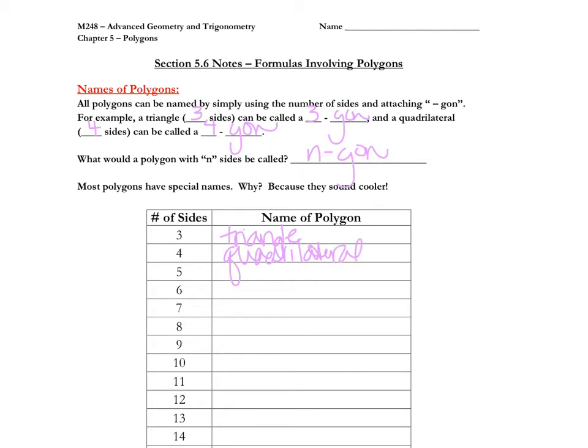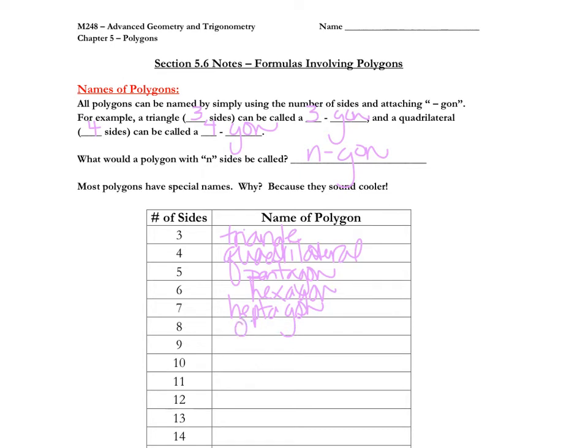The next one, hopefully we'd also know because of the government, pentagon. 6 is hexagon. 7 sides is heptagon. Now, a lot of times with these two, people spell it wrong and go, oh, I meant the other one. I'm going to go with the spelling on what it looks like. So I would just make sure you know how to spell hexagon and heptagon.